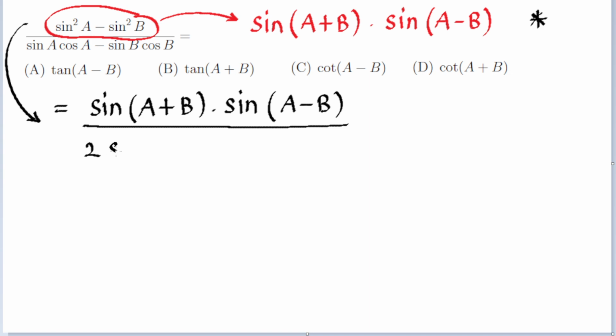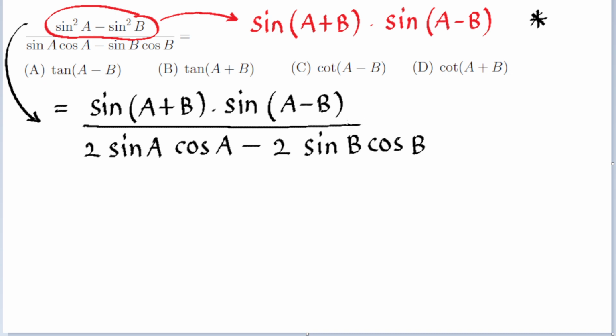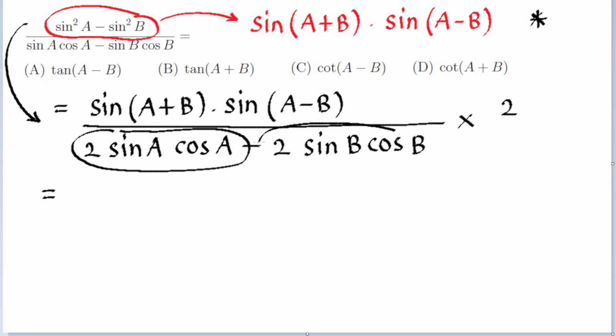So therefore we will get 2 sin a cos a minus 2 sin b cos b, and since we have multiplied by the factor 2, I'm going to also compensate it by 2 here. Alright, so what is the simplification of 2 sin a cos a? That is sin 2a, and sin 2b in the next term.